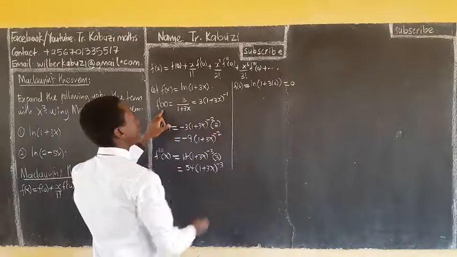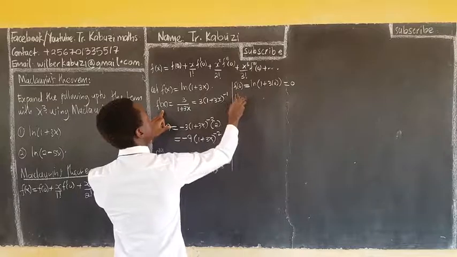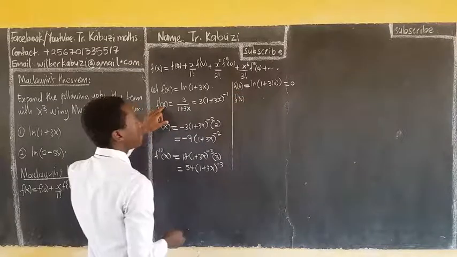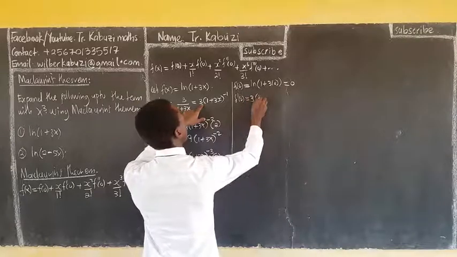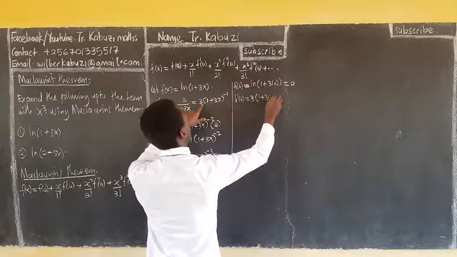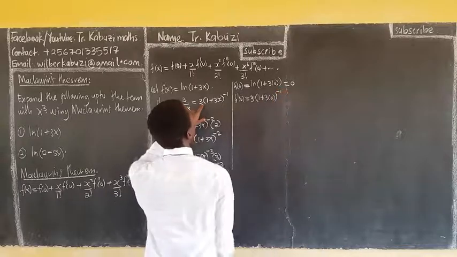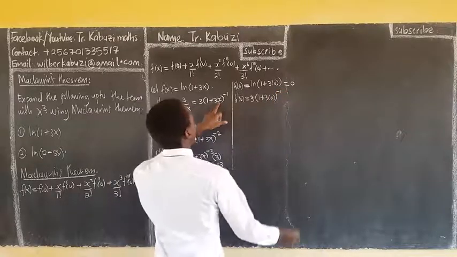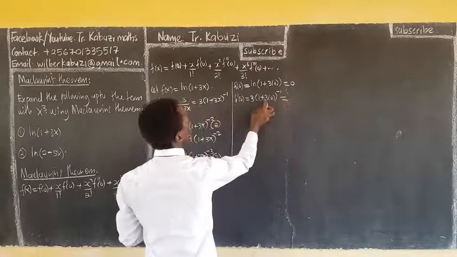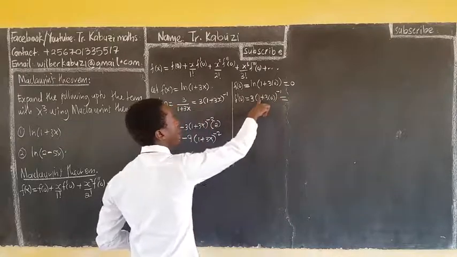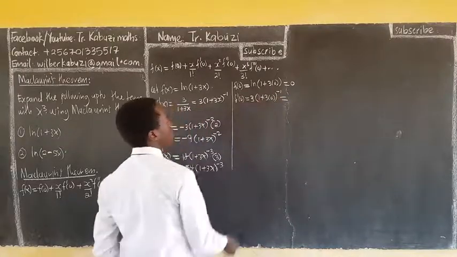When I come to this, still the same idea. Where there is x, in this derivative, put 0. I'll be having now 3 into 1 plus 0, power negative 1. 1 power negative 1 is 1.